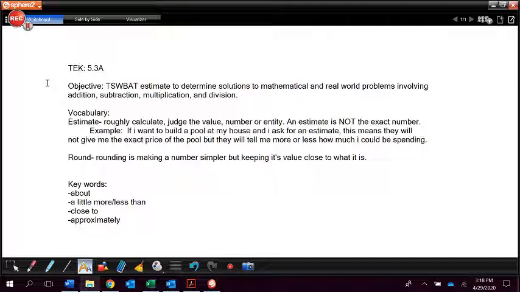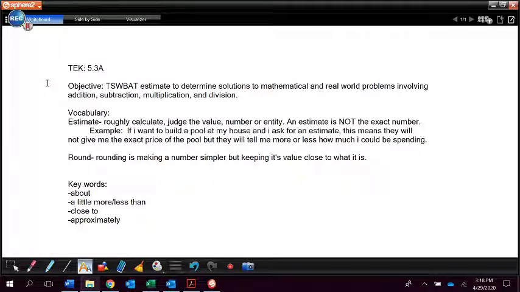If I want to build a pool at my house and I call and ask for an estimate, this means that they're not going to give me the exact price of the pool, but they're going to tell me more or less how much money I could be spending. So they're not going to tell me exactly, Ms. Rodriguez, your pool is going to cost $20,000. It's just an estimate. It could be a little bit more, or it could be a little bit less, but around that area is the money that you're looking at.